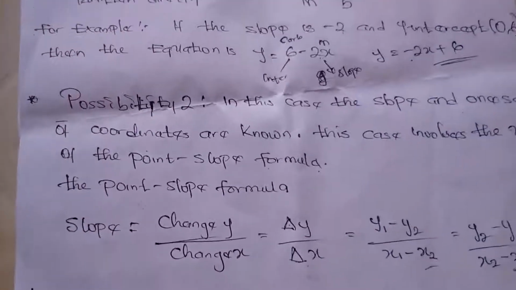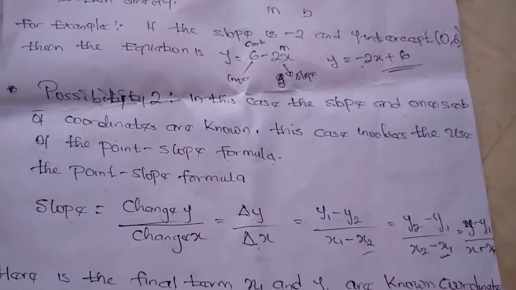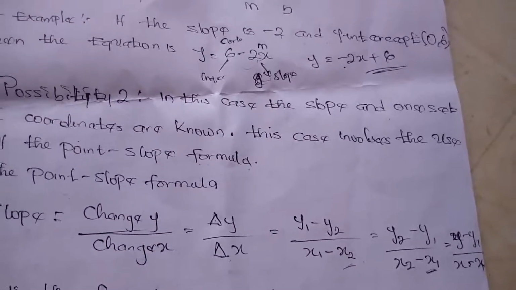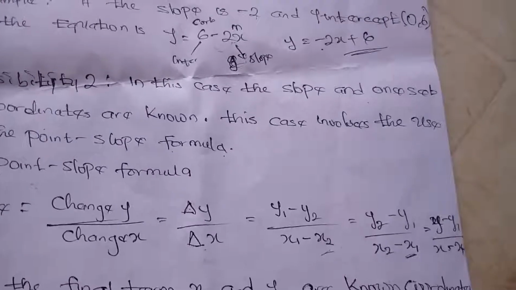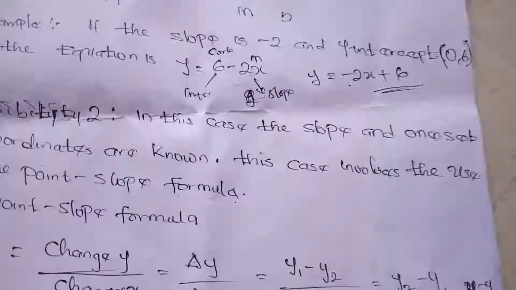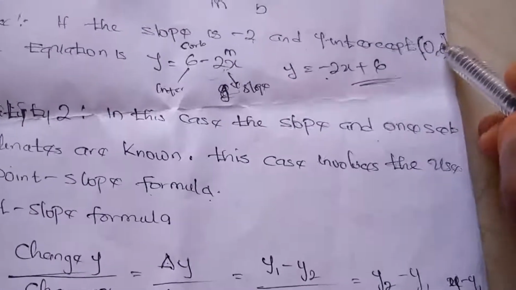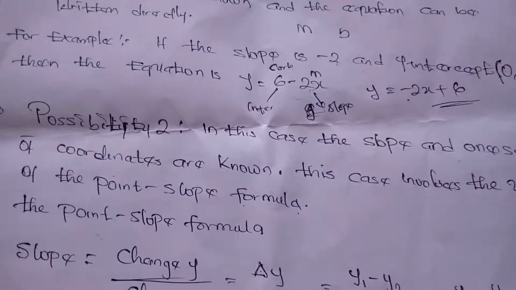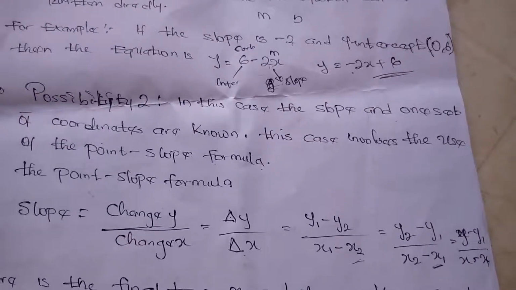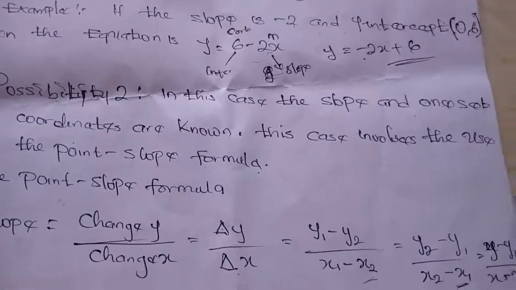And possibility 2. In this case, the slope and one set of coordinates are known. These are the x and y coordinates.